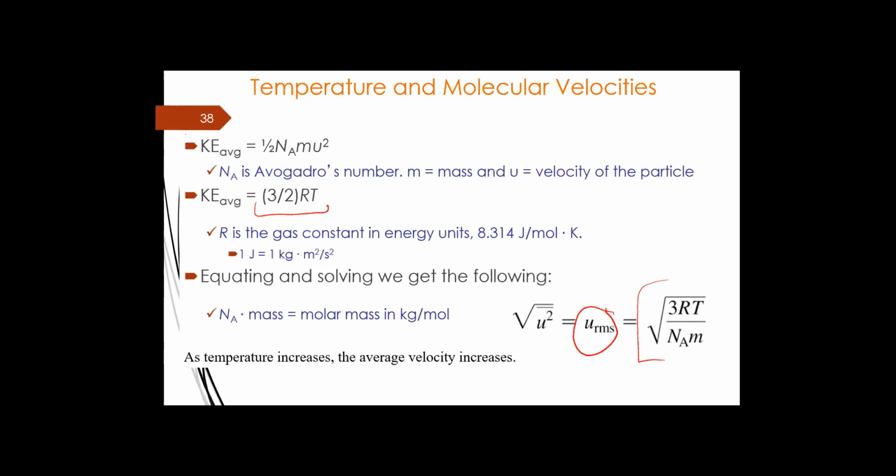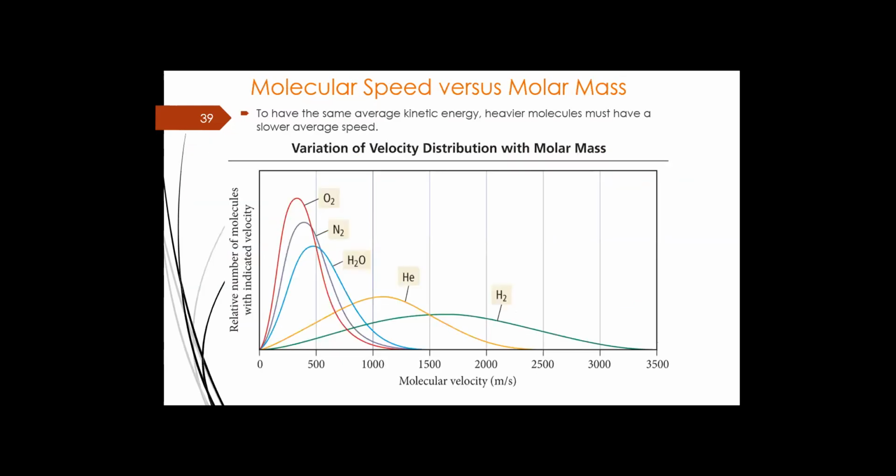Now, what that tells you is that for anything that has the same average kinetic energy, the heavier molecules have a slower average speed. So if we're really looking at the speed, all of these are given the same average kinetic energy, but they're just different masses.